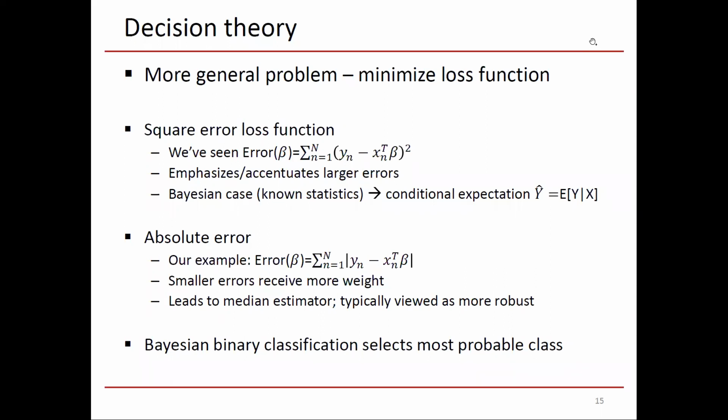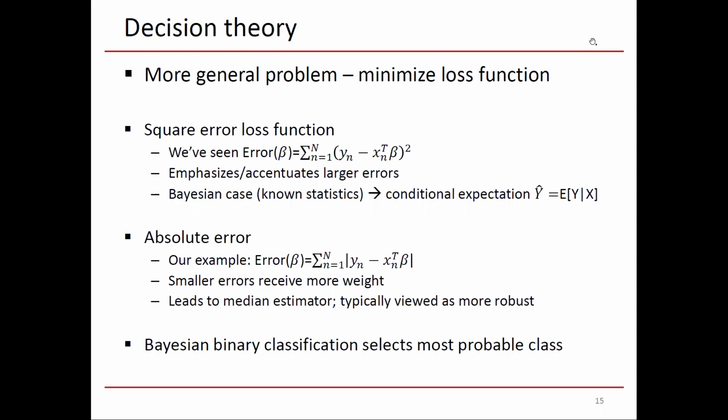Now, for squared error in particular, and we're going to see this in part in an example on the next slide, suppose that you know the statistics. Knowing the statistics is referred to often as a Bayesian case. So Bayes meaning you know the probabilities. If you know the statistics, the approach that minimizes the squared error loss function is conditional expectation.